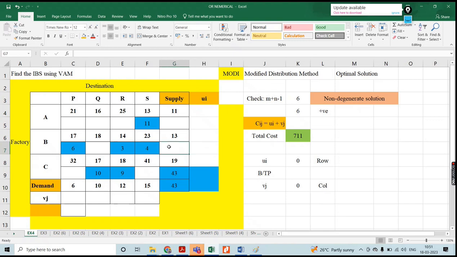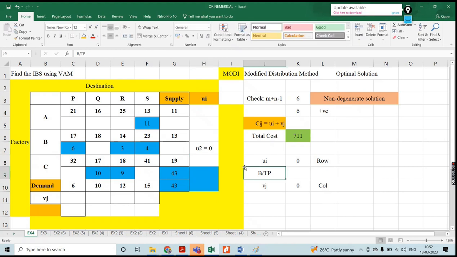So for that maximum allocation 3, what am I going to do? This is the first allocation, that is with respect to the second row. With respect to that, U2 equal to 0.